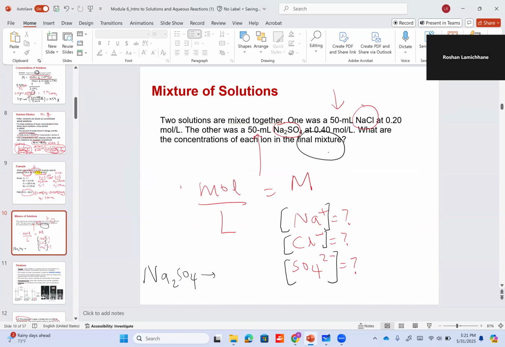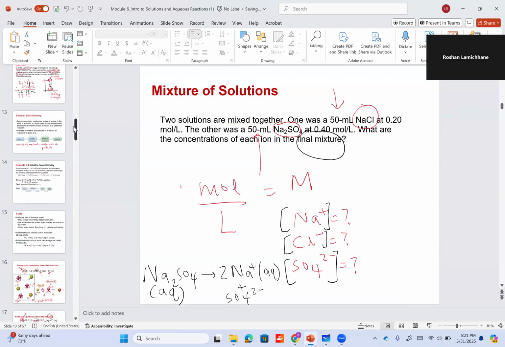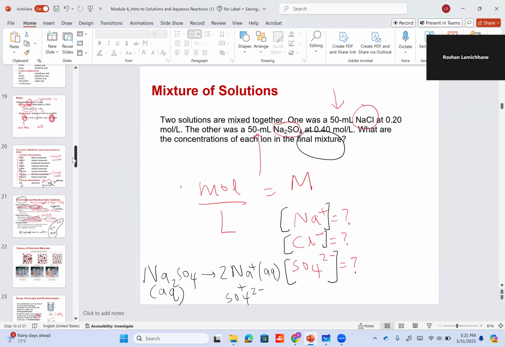I said, oh, it breaks apart into sodium plus and the sulfate anion, because this salt is soluble in water. And that's what you do for your total ionic or complete ionic equation.